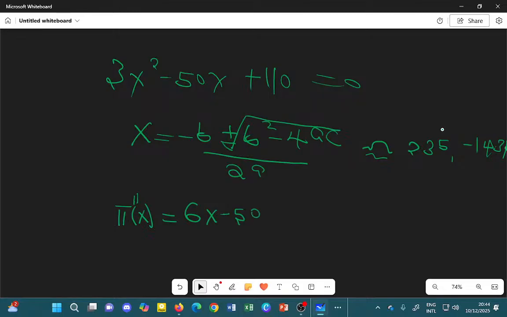That's the second derivative. And we see that if we now consider it at the point where we have 2.35 buildings, then we'll be having 6 times 2.35 minus 50. Of course, this is a minus. So if it's negative, we say that it is less than 0.